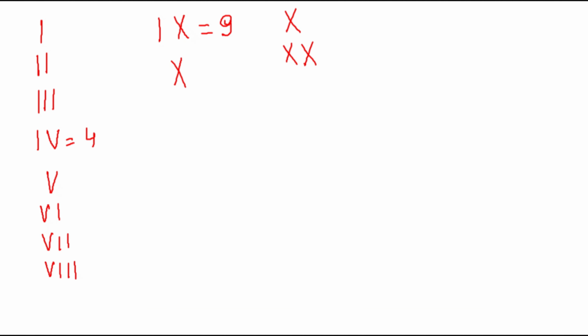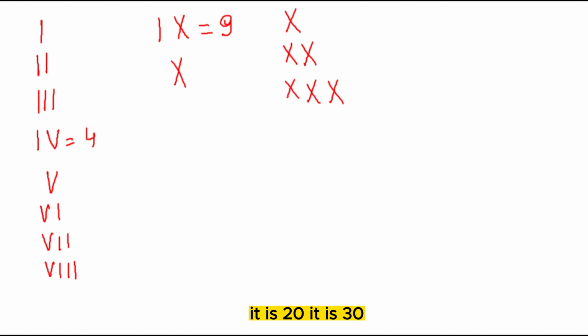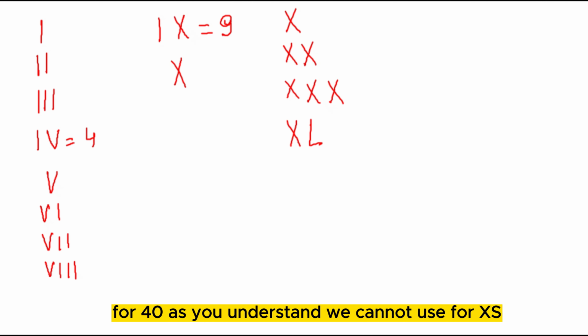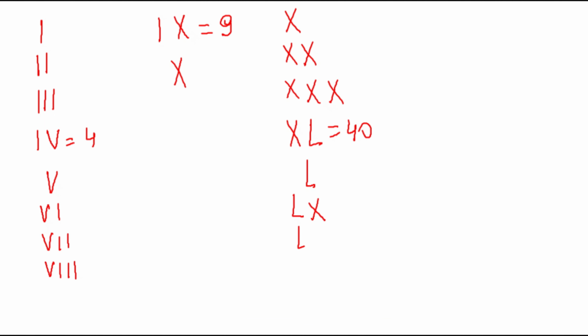Okay. Now let us write tens numbers. It is 10. It is 20. It is 30. For 40, as you understand, we cannot use 4 X's. So we will use 50 and 10 less. Like 10 before 50, it is 40.